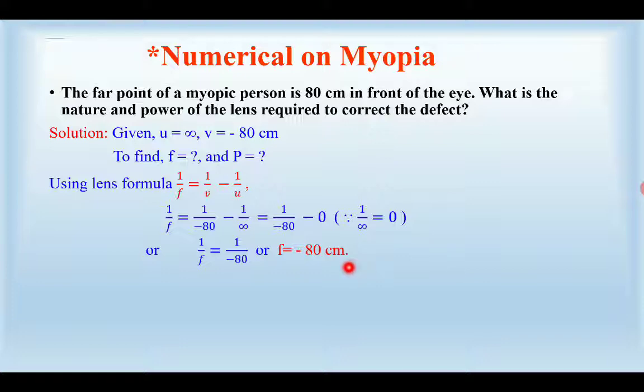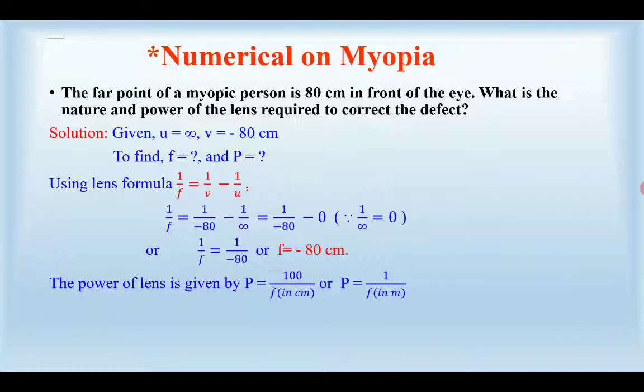Now the power of the lens is given by P is equal to 100 upon f in centimeter, or P is 1 upon f in meter. So let us convert f into meter, and it comes out to be minus 0.8 meter.